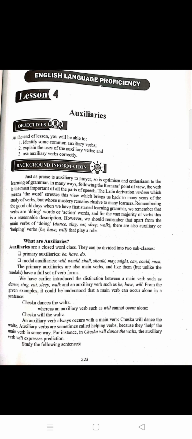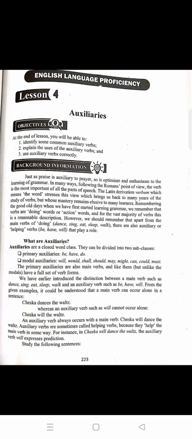Just as praise is auxiliary to prayer, so is optimism and enthusiasm to the learning of grammar. In many ways, following the Romans' point of view, the verb is the most important of all parts of speech. The Latin derivation verbum, which means the word, stresses this view, which brings us back to many years of the study of verbs, but whose mastery remains elusive to many learners.